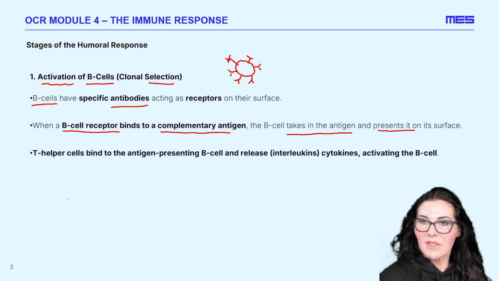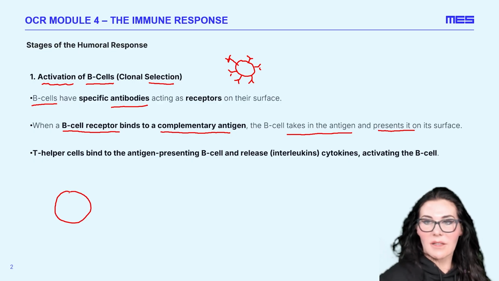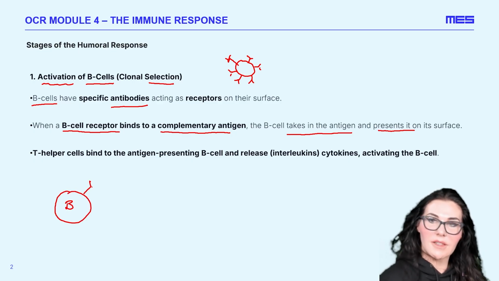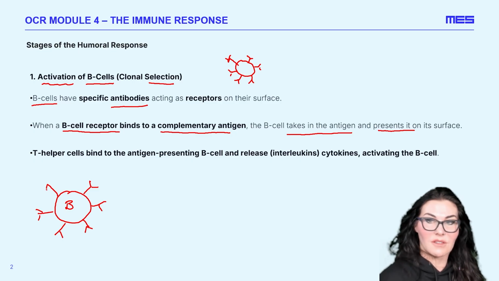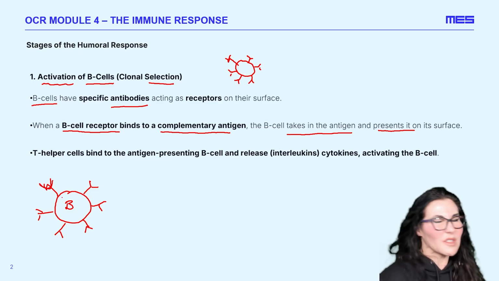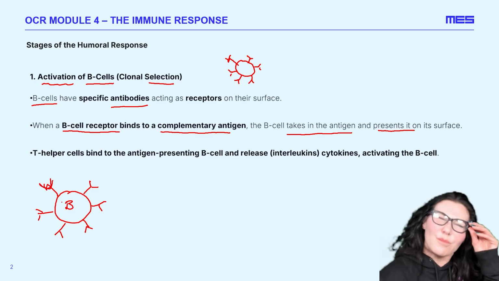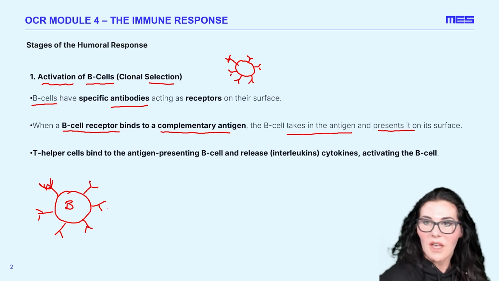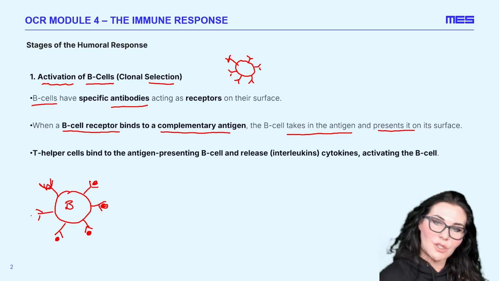So what happens is you get your B cell, so this is your B cell, there's its antibodies, its receptors. It's encountered foreign antigens, engulfed them almost, it's not phagocytosis, we just say it kind of processes foreign antigens and presents them on its surface because they are bound to the complementary antibody.